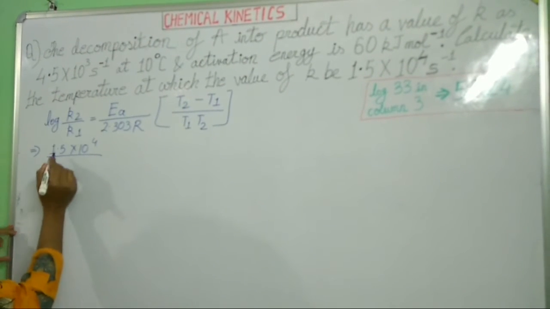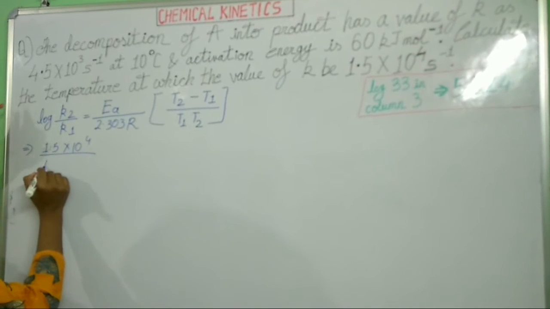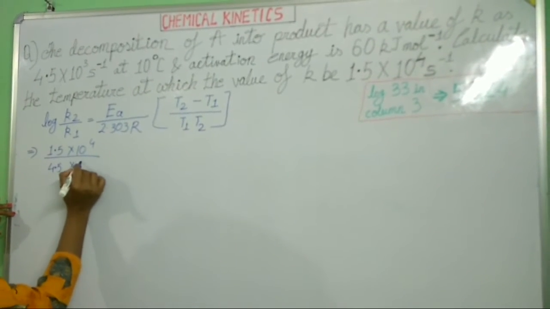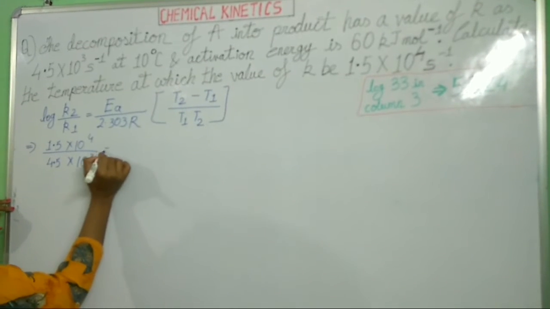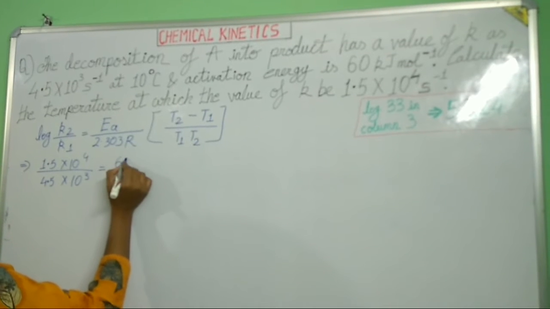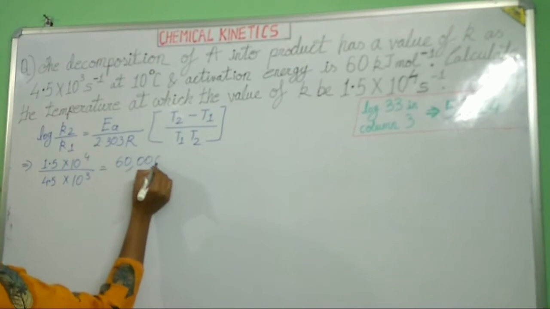What is rate constant in the first? 4.5 into 10 to the power 3. What is activation energy? 60 kilojoule. 60 kilojoule means 60,000, right?